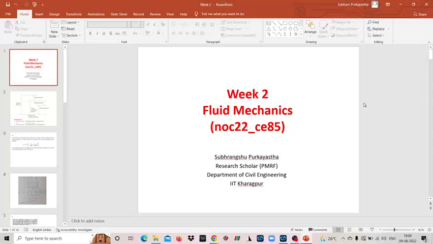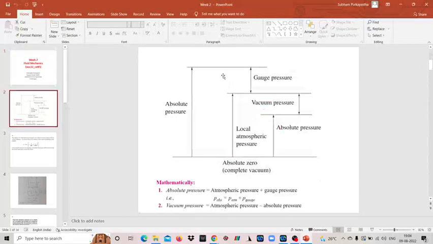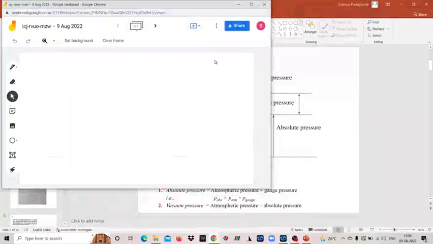To begin with, this was already discussed in the week 2 lecture, but since it is very important and sometimes it creates confusion, I thought of once again elucidating this particular affair. So what is basically pressure? You all know what is pressure, but the concept of fluid pressure, you need to imagine.